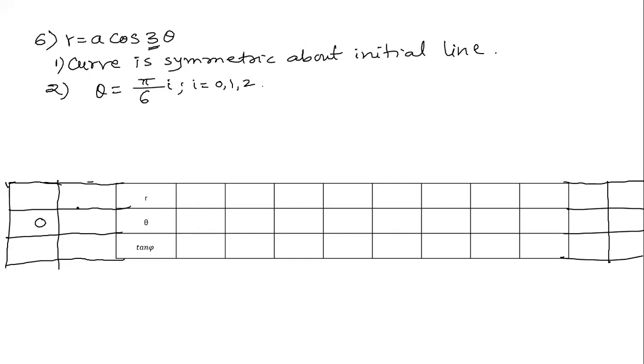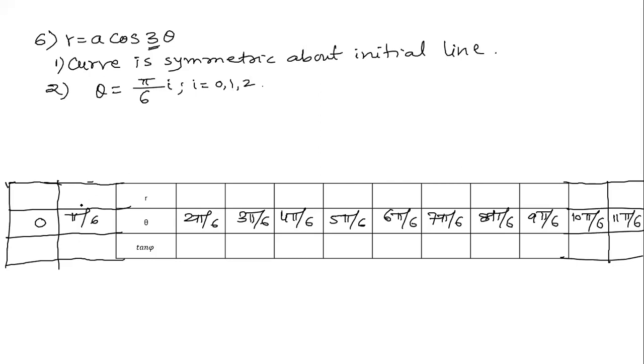So theta: 0, pi by 6, 2 pi by 6, 3 pi by 6, 4 pi by 6, 5 pi by 6, 6 pi by 6, 7 pi by 6, 8 pi by 6, 9 pi by 6, 10 pi by 6, 11 pi by 6.